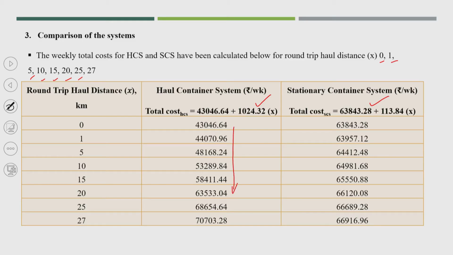The stationary container system initially was very high compared to the haul container system, and it is again rising, but that rise is not that high if you compare it with the haul container system.